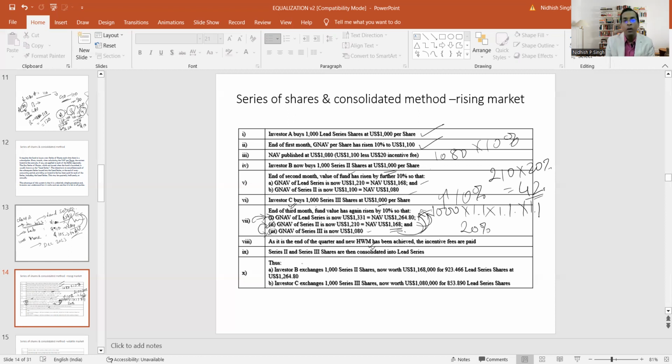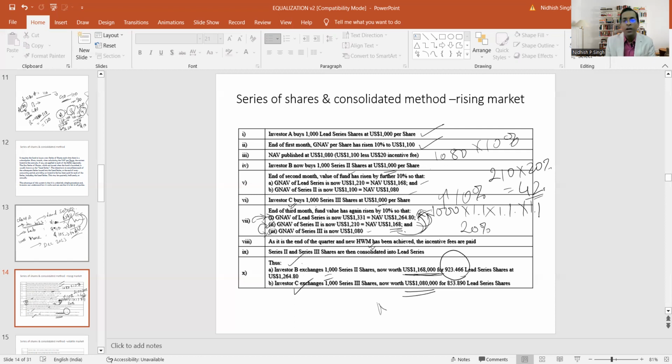Since investor B had 1000 shares and C also had 1000 shares, their total value of share will be determined, and that will be divided by the price of lead series. So typically, we take the lead series price and divide the value of NAV of subordinate series to arrive at the number of lead series that investor B will get and investor C will get.